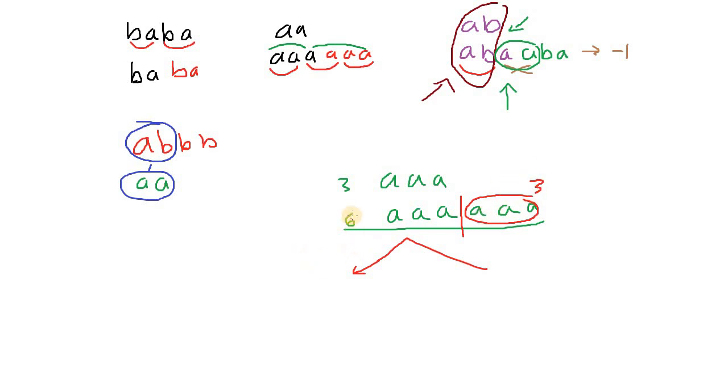Okay. If 6 is divisible by 3, then the value 6 over 3 is how many times you have to multiply the shorter length by.